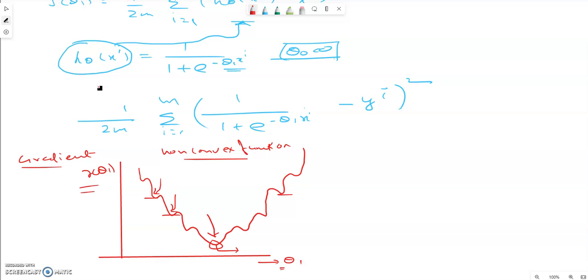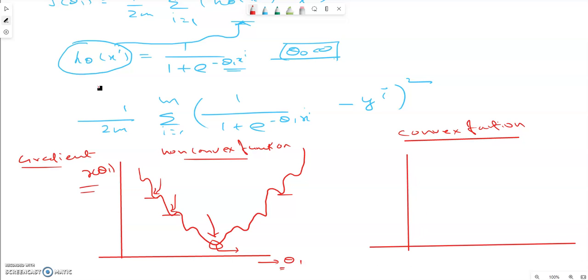Now we just need a convex function, like we had in our linear regression, right? Let's say this is our J of theta 1 and this is our theta 1, and we just need a graph something like this, which will have a global minimum.